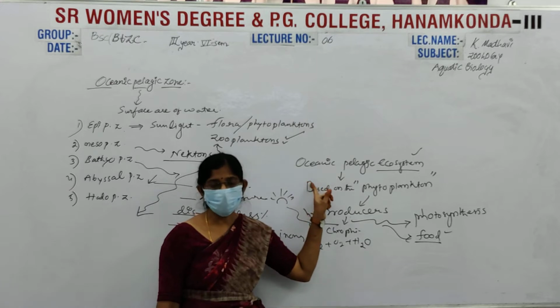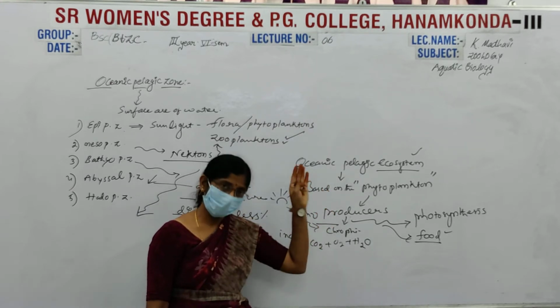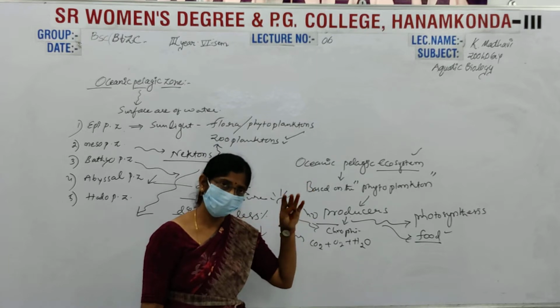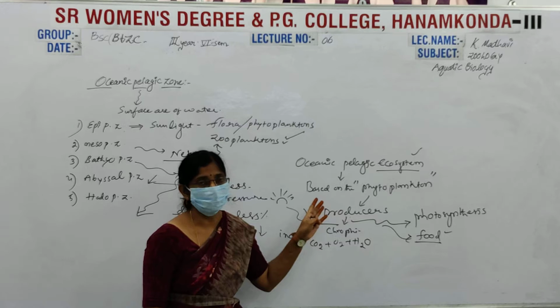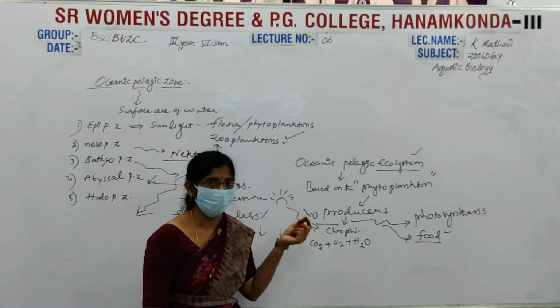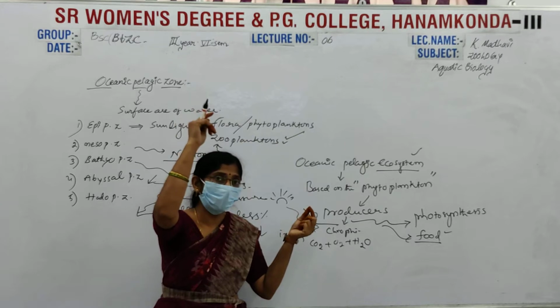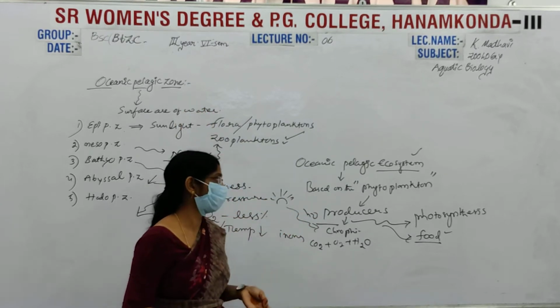Next in this region, the pelagic birds. The pelagic birds are completely dependent on the organisms. When the fishes come to the surface of the water, these birds see the fish and come and pick up the organisms.